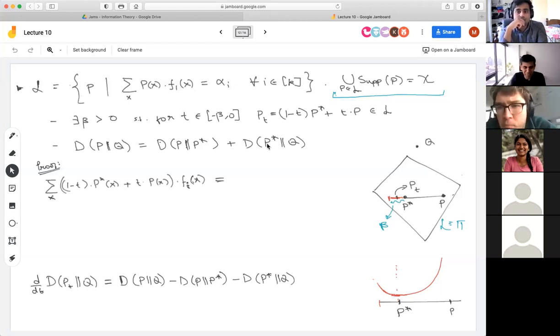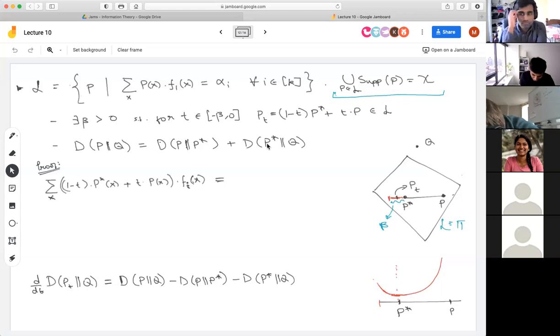The proof is going to look at the derivative, but before we go there, let's see what can prevent us from moving in the other direction on this line. For this distribution P sub t to be in the set, two things have to happen. It has to satisfy all the linear equalities, and it has to be a distribution, so the probabilities have to be non-negative.